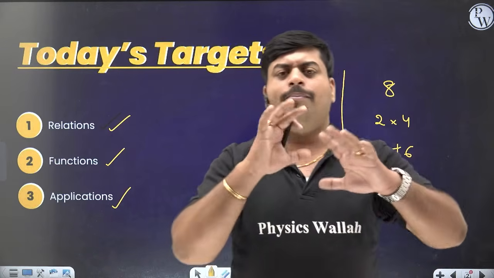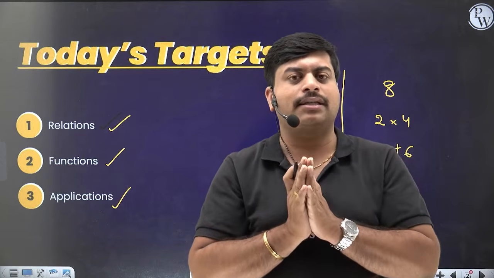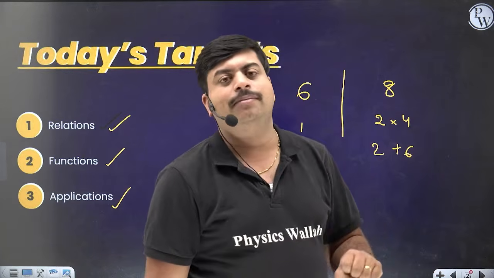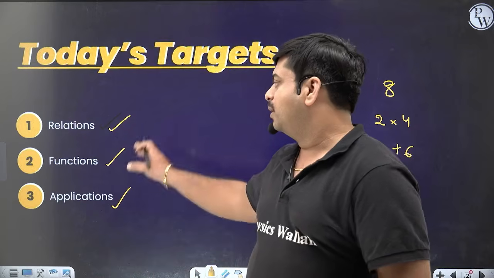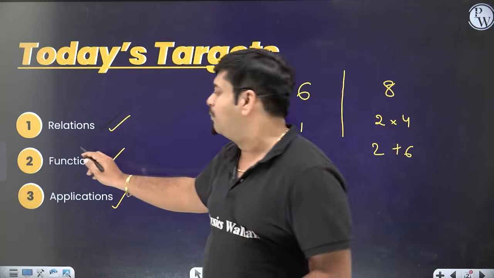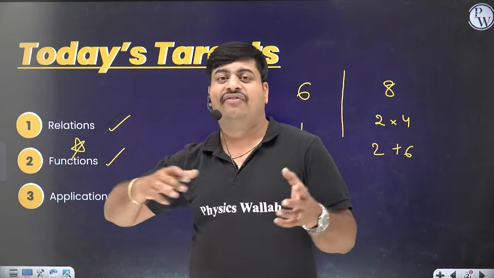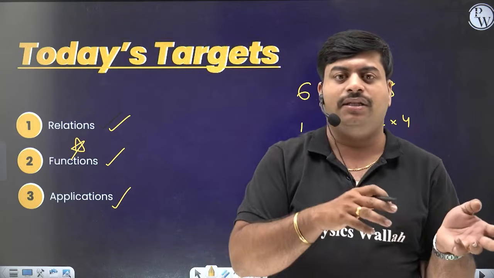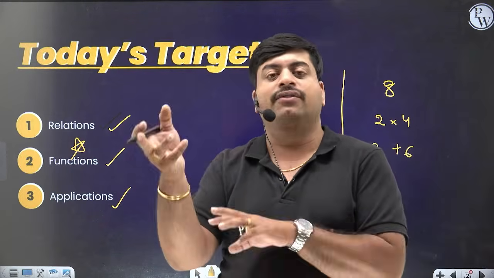So it depends on paper to paper, but definitely I can say that 2-3 questions are appearing from this chapter, directly from the relations, or mainly from the functions, that too, finding f of f, g circle f, f inverse, f inverse circle g inverse.